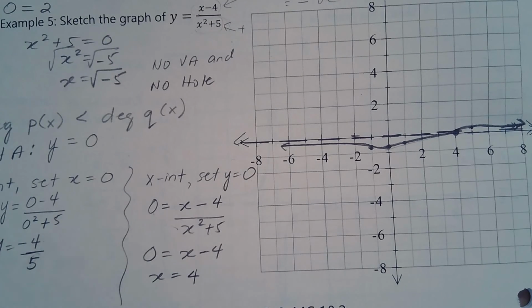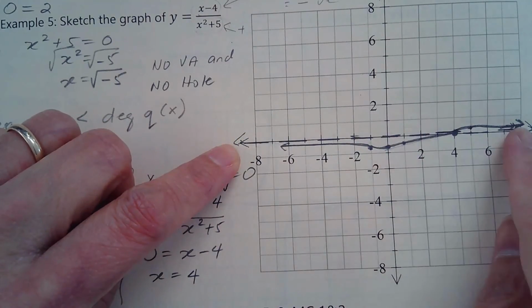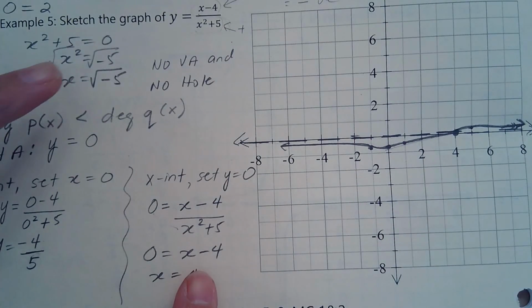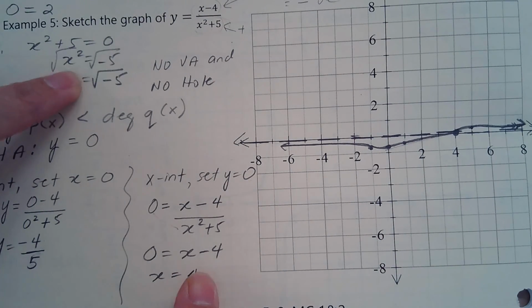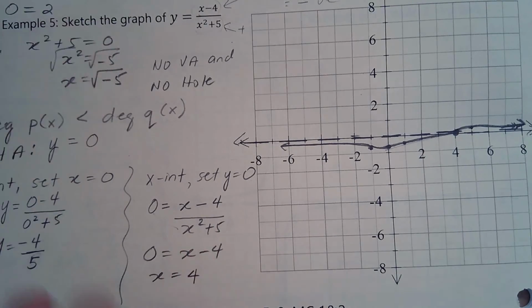Why do you take the x-intercept? Is it because we don't have the horizontal asymptote, or not? Yeah, there is a horizontal asymptote, but no vertical asymptote. There's no disagreement between these two.